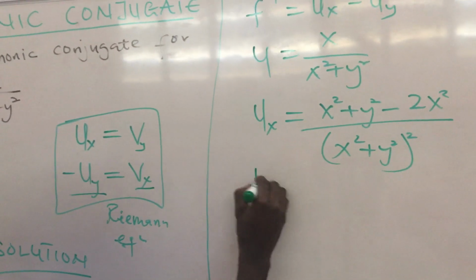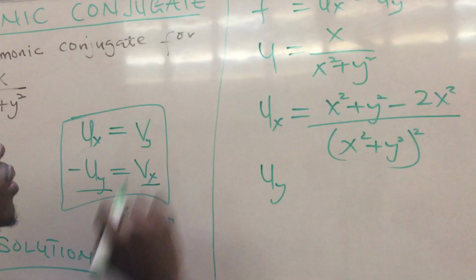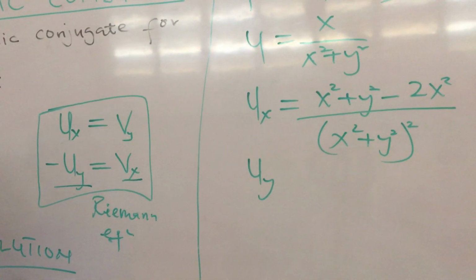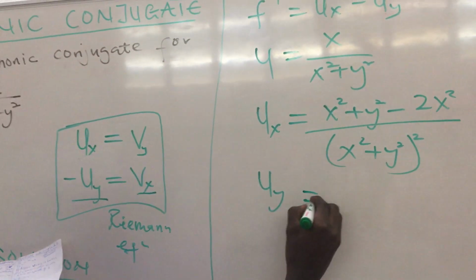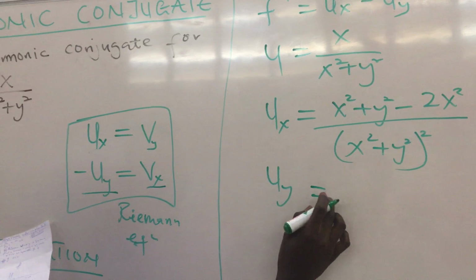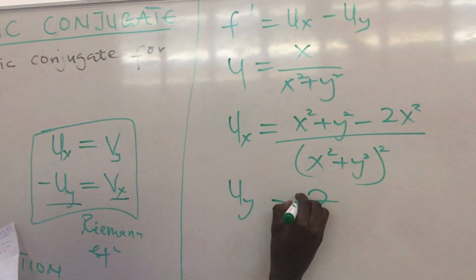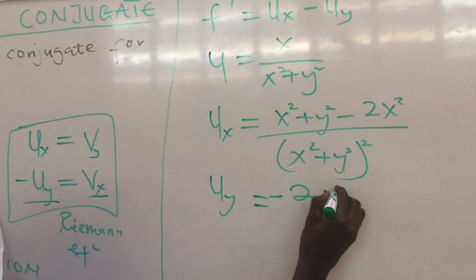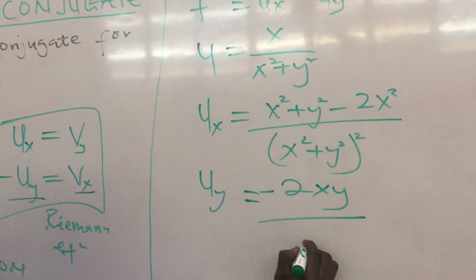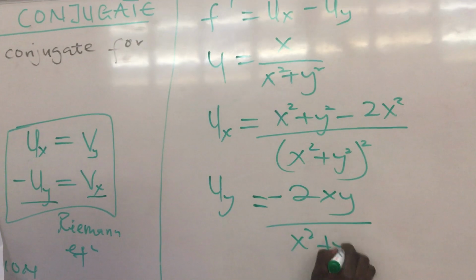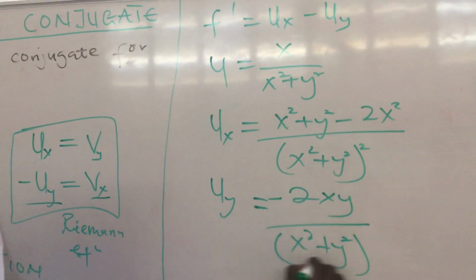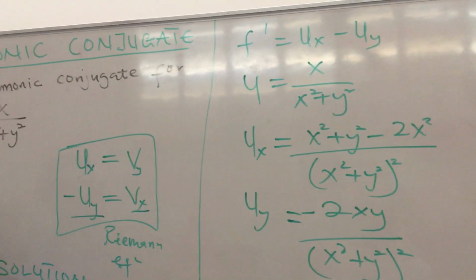Also, the same applies for y. Taking u with respect to y, this will give us negative 2xy all over x squared plus y squared, all squared. Are you guys okay?